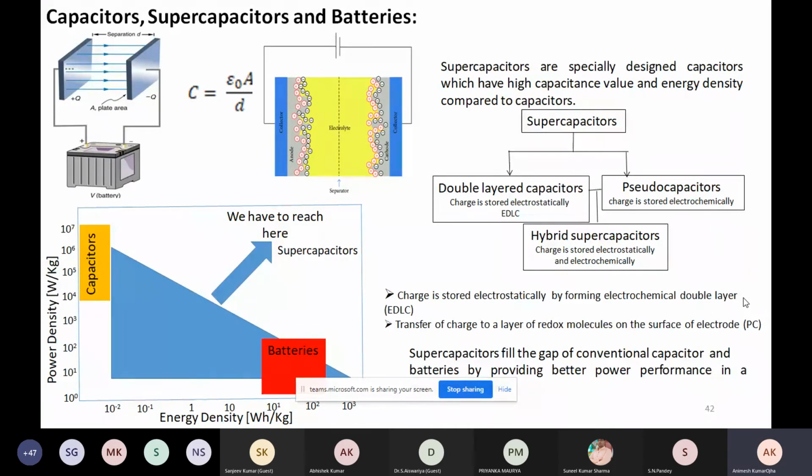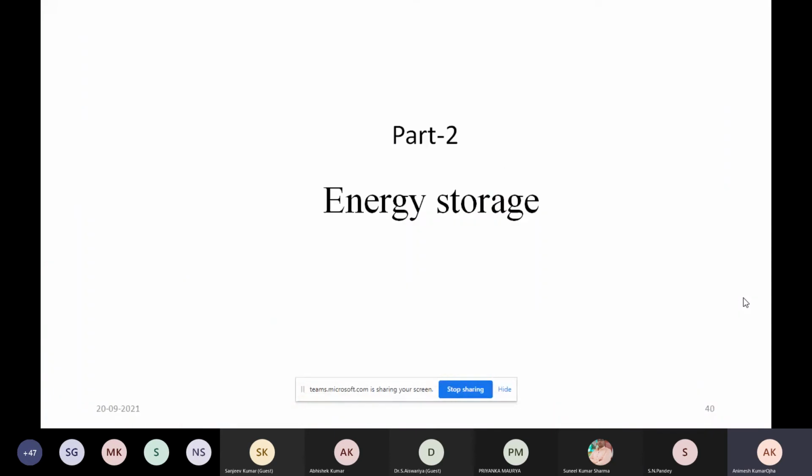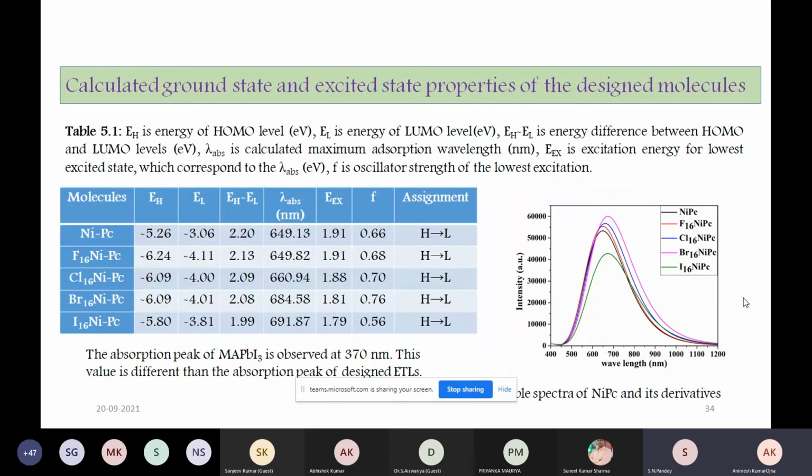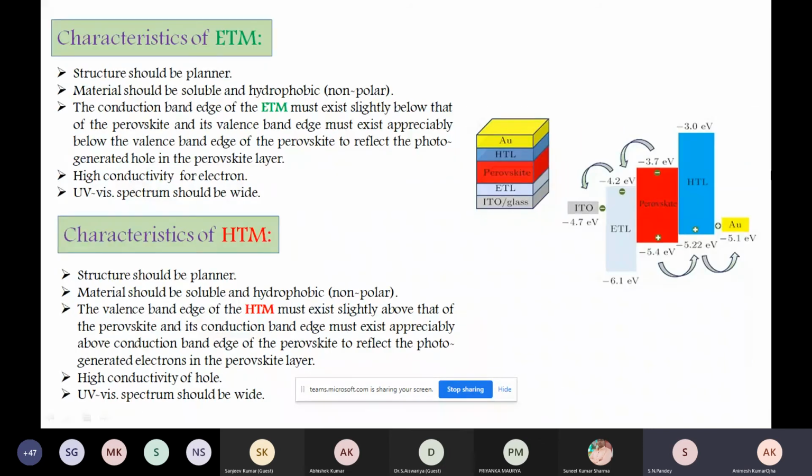If you go back to my slide, I can show you. Here we have seen the electron transport layer and the hole transport layer.